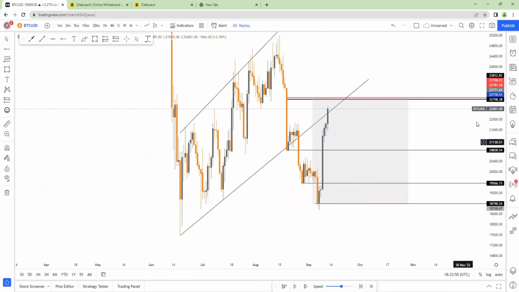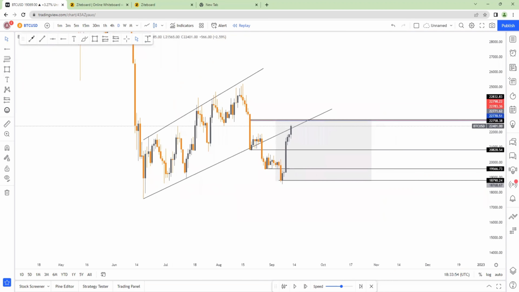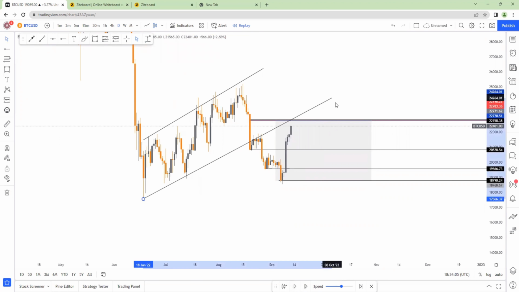This is my last target. So price is approaching our point of interest, where we say every price data in the market matters. The price came back up to inside of this trend line.